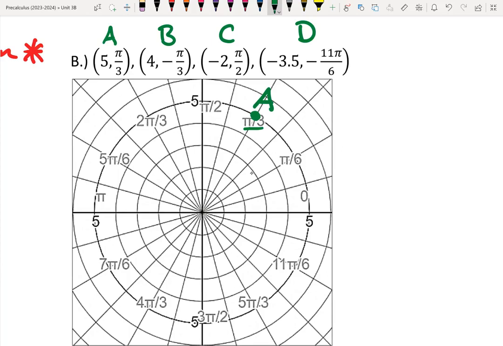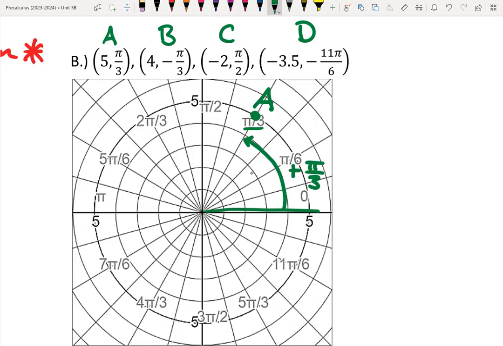And where is negative pi over 3? Okay, so which angle labeled here is at negative pi over 3? There we go. It's been a while since we've graphed negative angles, but remember, this is positive pi over 3. So how do we get to negative?